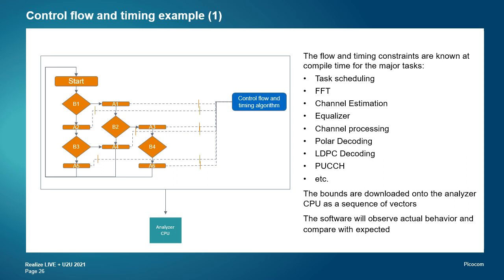So if the flow diagram that you see there is the desired program flow within the timing budget, we can use the real-time information that we gather while the system is running to make sure that what is actually executing is correct.